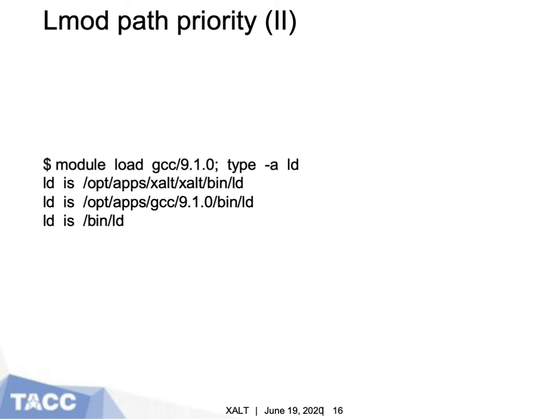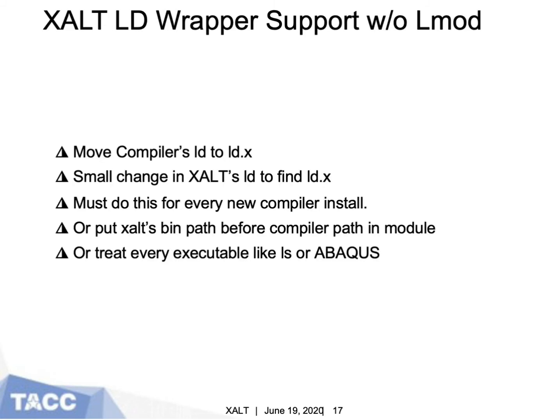So what can you do if you're not going to run Lmod and try to run XALT? There are several things you can do. You can move the compiler's ld to ldx, and then make a small change to XALT's ld to find ldx, and you must do this for every compiler install. Or you can put XALT's bin directory before the compiler path in the module.